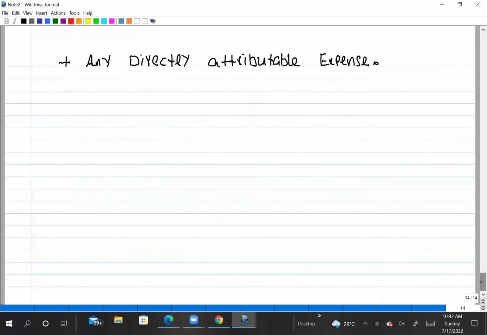But there are some costs, some elements which cannot be capitalized. Those elements which are not capitalized are as follows.